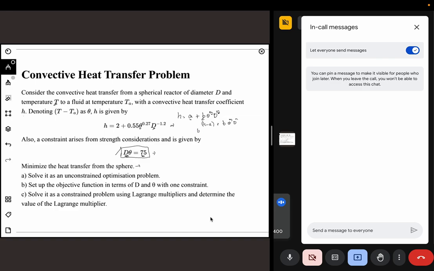Apply some log or something. Once you have this data, you fit a linear regression that we discussed in this course. Then you'll get these values m, n, ln b, and all these values. But this a is something that you have to figure out in some other way. Then once you have these values, from there you can get this h.